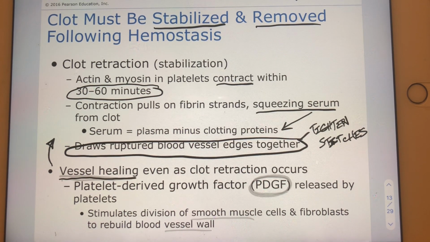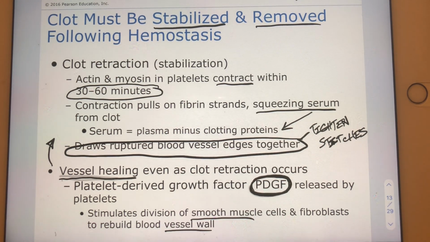the vessel, the underlying vessel, is healing. And one of the things that really promotes the healing of damaged smooth muscle, really damaged blood vessel wall, is platelet-derived growth factor. And you might remember that near the end of 17A, I said, hey, maybe if this could ring a bell later, that'd be great.